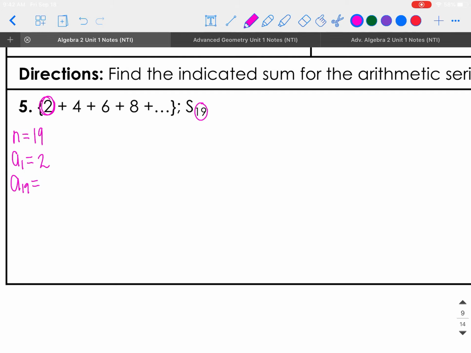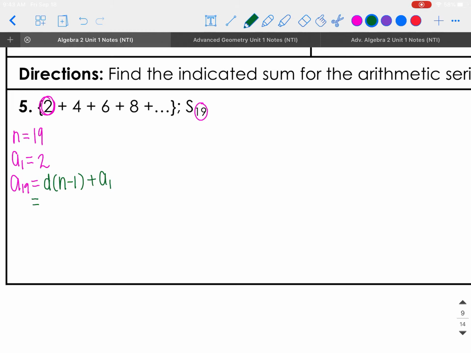But I'm going to find it. So, when we're finding that term, we have to think back to our d(n minus 1) plus a1 formula. It's coming from that formula. The formula we use with sigma, that's the formula from arithmetic sequences.